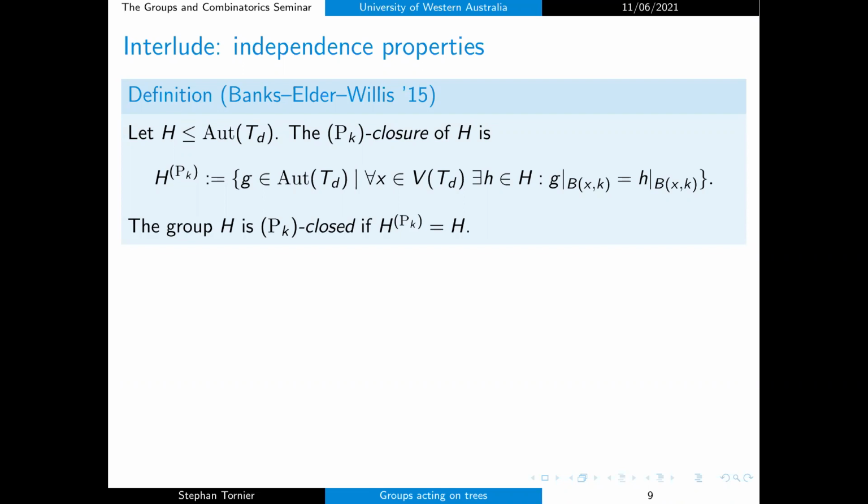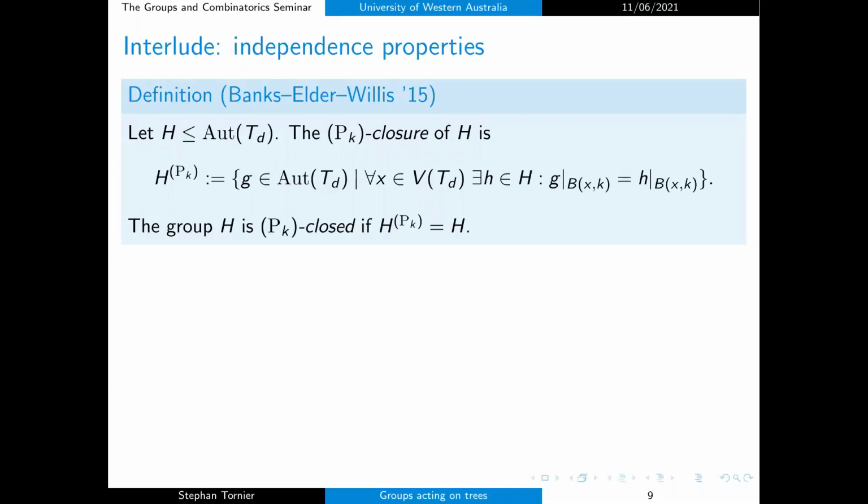And you can look at that as a kind of independence property, because it says that if you do something on a K ball here, that doesn't have any implications on what can happen on the K ball here, because they could be completely different elements of H. That's why these are called independence properties.